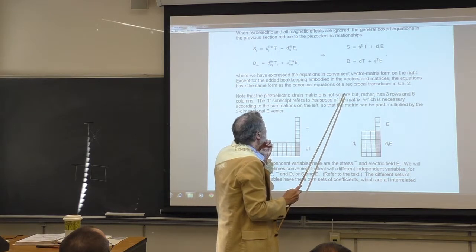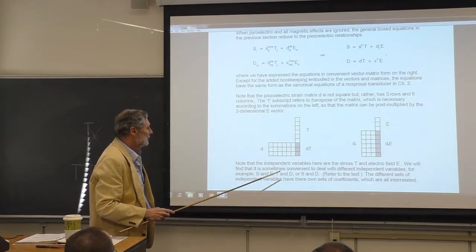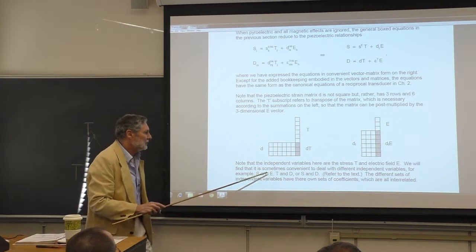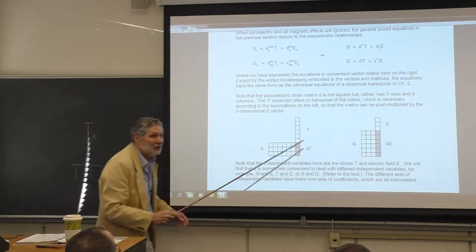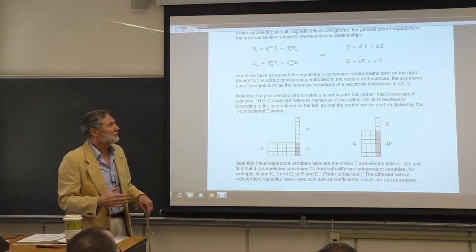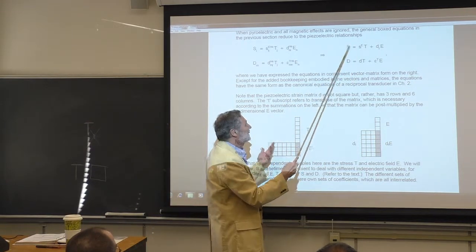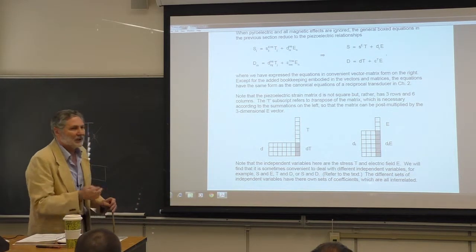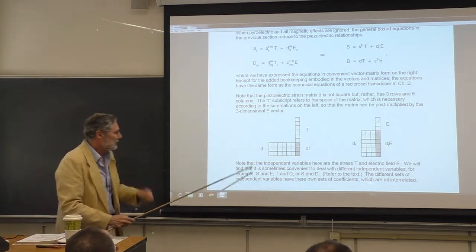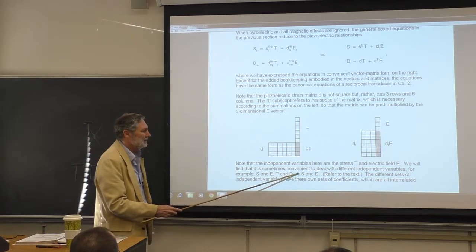Yeah, S and T and E and D. So this is T and E as independent variables. You can choose any pair, but you can't choose S and T because you don't have any electrical information there. So you've got to mix the two. So you're going to get 4 possibilities. The other 3 are S and E, T and D, and S and D.